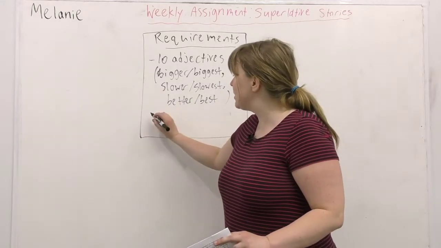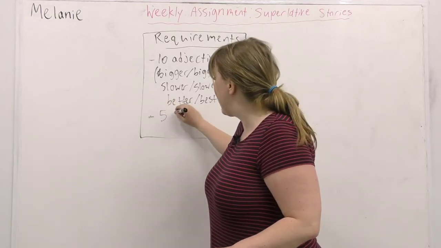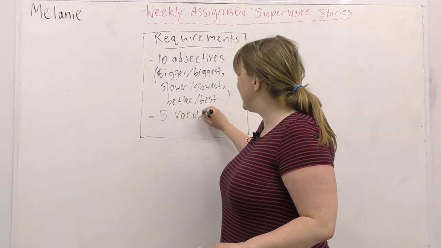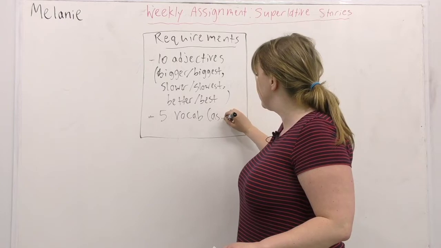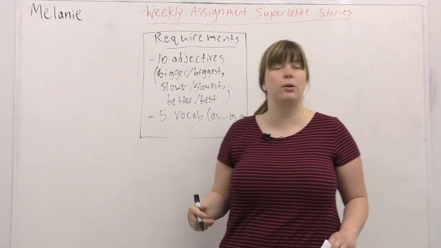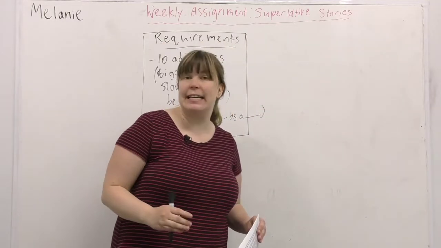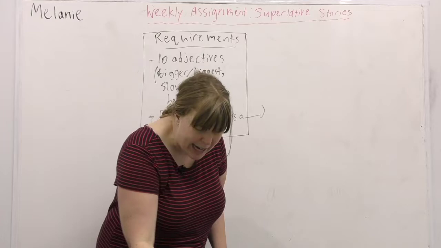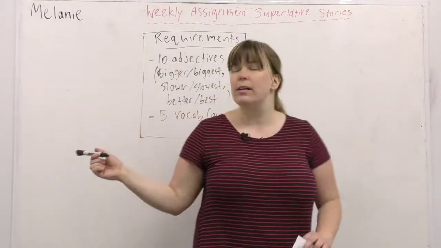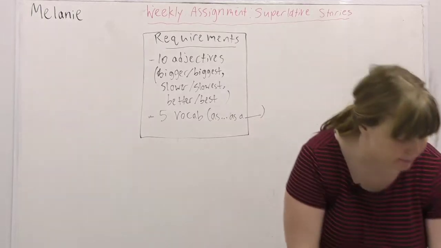All right, and what's the other rule? 5 vocab. So that is simile. So as a blank. So for example, as slippery as an eel, as cunning as a fox, as sick as a dog. So I want you to try and use 5 of these.